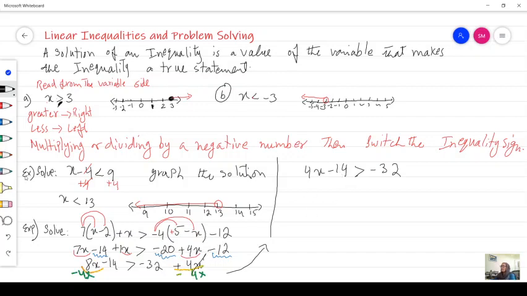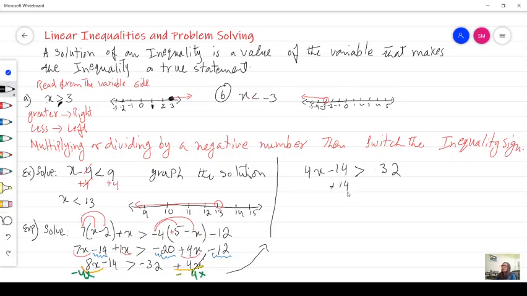Okay, now my like terms are 14 and 32. Since they are on opposite sides of the inequality, I have to move one of them to the other side. Which one should I move? Since I like my variable on the left, I'm going to move the 14.